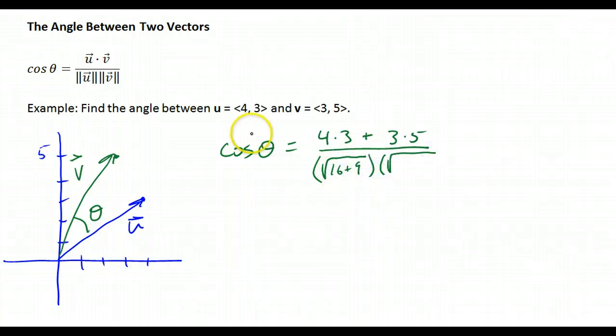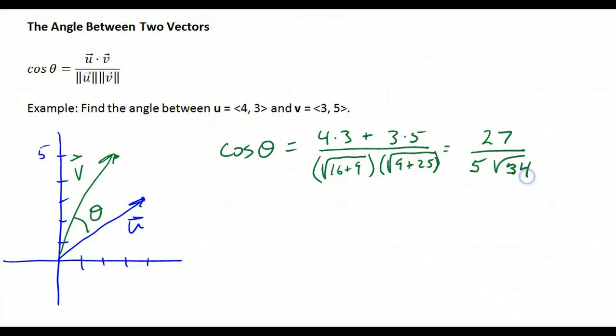And then the magnitude of vector v is the square root of 3 squared plus 5 squared. So that's 12 plus 15, that's 27. The square root of 16 plus 9 is the square root of 25, which is 5. And then that's the square root of 34. Okay, so the cosine of this angle is equal to that ratio.